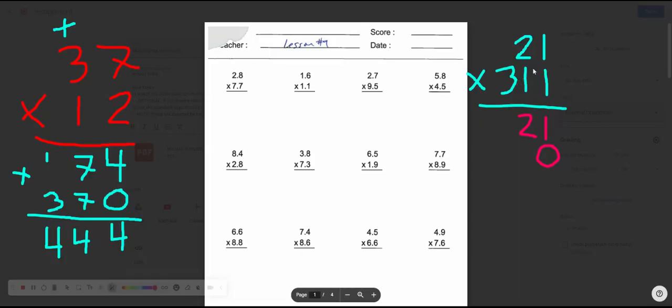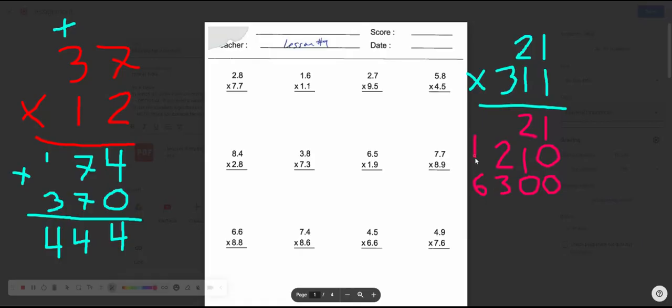And now let's multiply again. 1 times 1 is 1. And 1 times 2 is 2. And now I'll multiply with the 3. But it's not a 3, it's actually 300. So I need 2 placeholders. 3 times 1 is 3. 3 times 2 is 6.